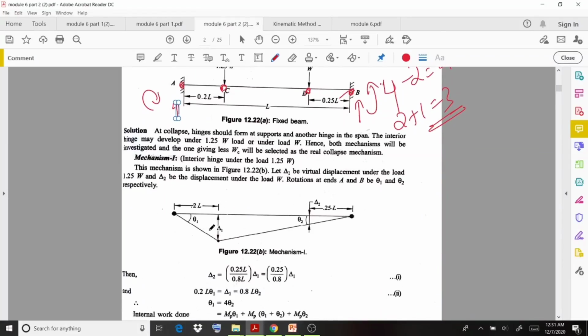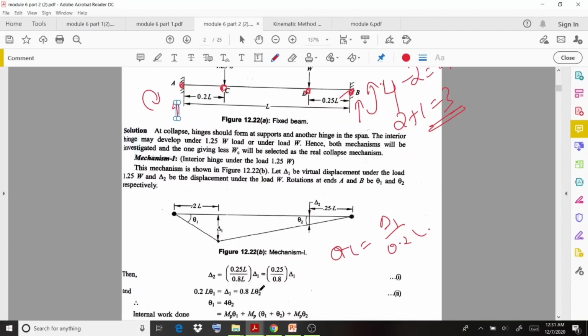In this case, delta 2 is going to be 0.25 L, and if you equate from this triangle, you will get theta 1 equals delta 1 by 0.2 L. So that's the statement. And if you also consider this bigger triangle, you will get this delta 1 value with respect to theta 2.